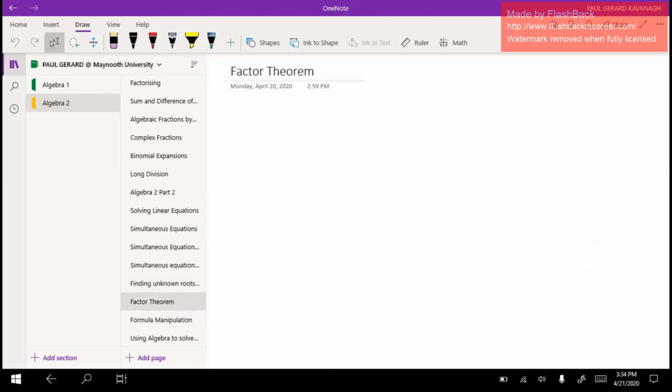So now we're going to go on to the factor theorem. So exactly what is the factor theorem? The factor theorem is basically finding out factors in a polynomial function. Actually, I'm just going to give you the form.